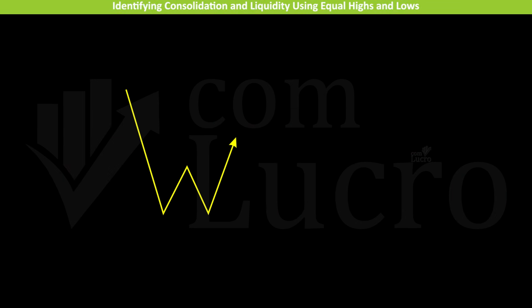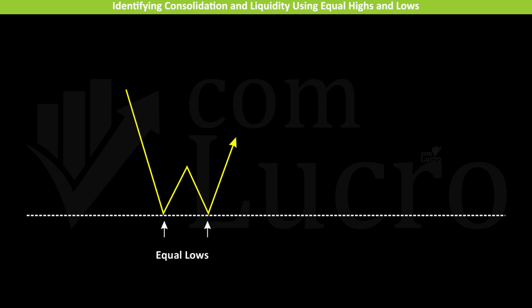If you find it difficult to identify consolidation on the chart, you can use equal highs and equal lows as a practical reference. The first step is to identify the overall directional bias and make sure you are trading in line with the bigger picture. If you are bullish, your focus should be on equal lows, which indicate that liquidity is building below a key area.